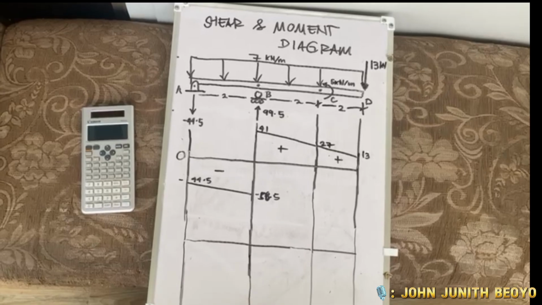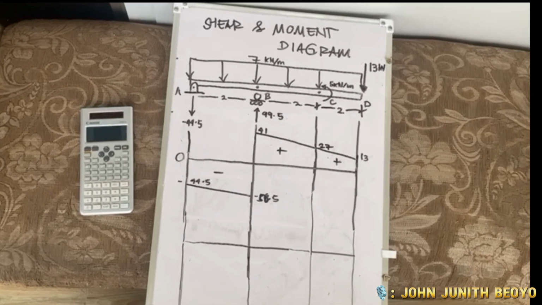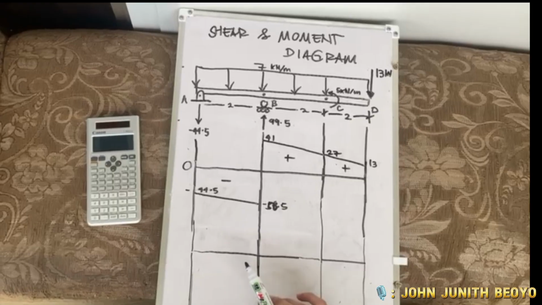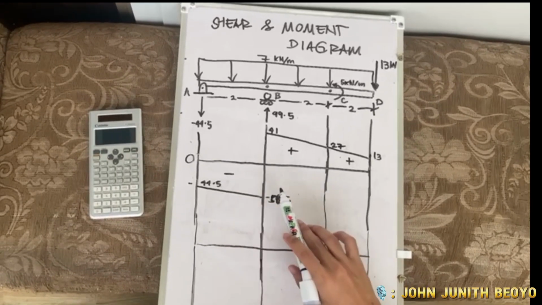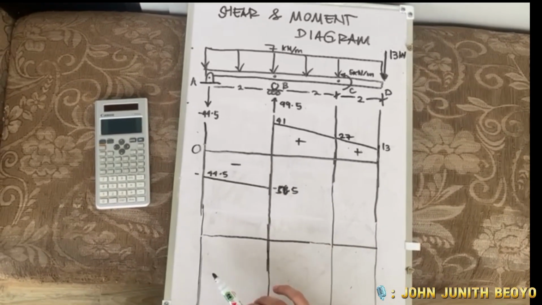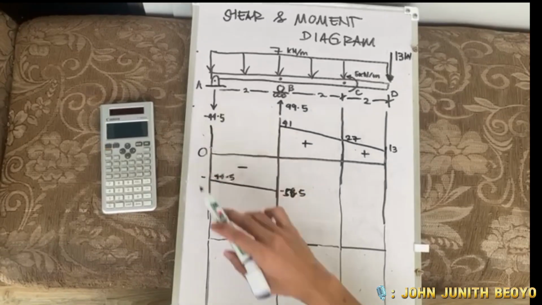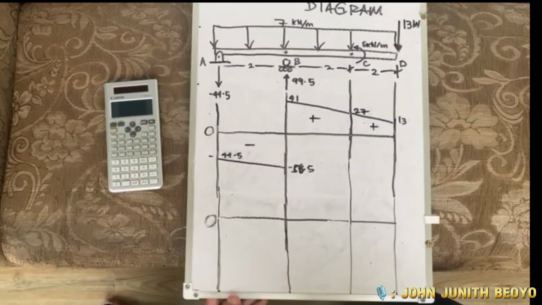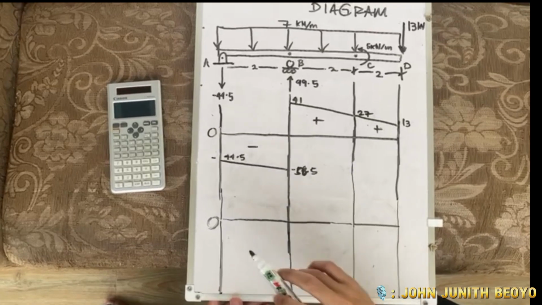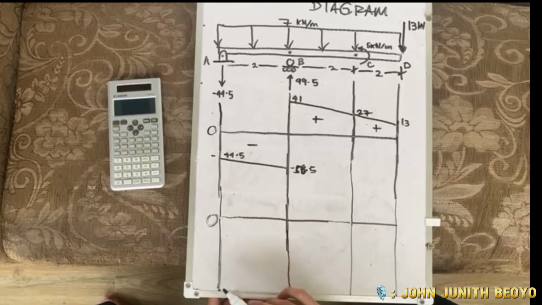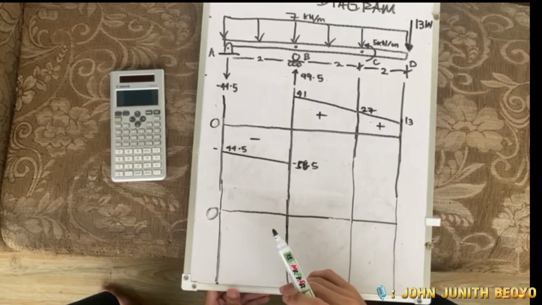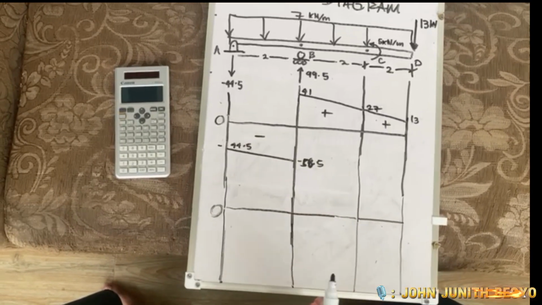So the next step is to draw the moment diagram. From the shear diagram, we will use this as a reference for our moment diagram. Start at point A, the moment is 0. Then, remember that the moment is the previous moment plus the area from our shear.